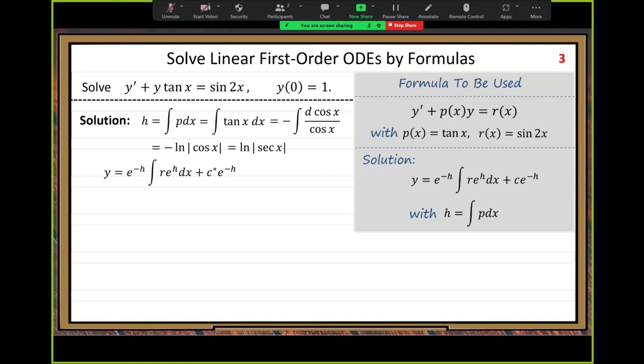If you use C, that's fine. Now, the h function. Here we need to plug in the h function, and we have two versions of it. When we plug in the h function, we choose whichever is more convenient to use.